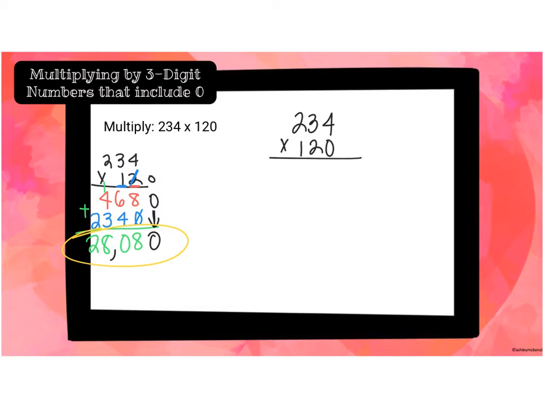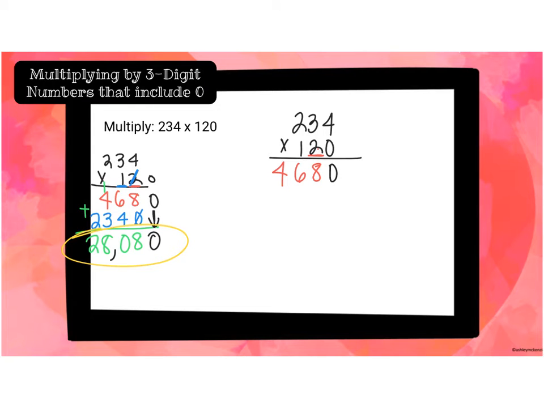Okay, another way that you could do this is you could leave it the same, just like this right here, but you would just drop your 0 here. Then you can start multiplying out the 2 times 4, which is 8, 2 times 3, which is 6, and 2 times 2, which is 4.